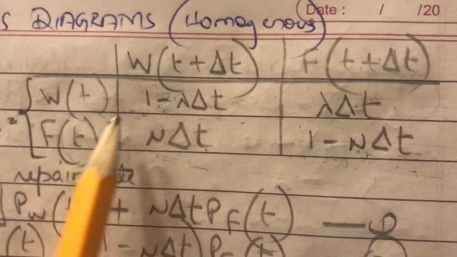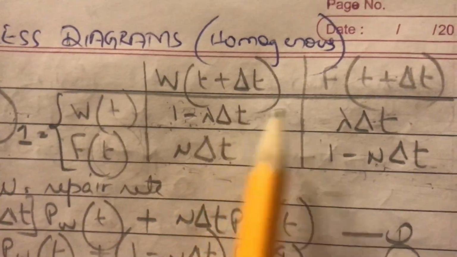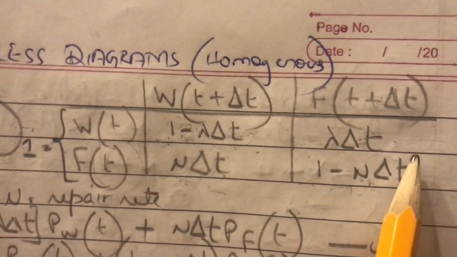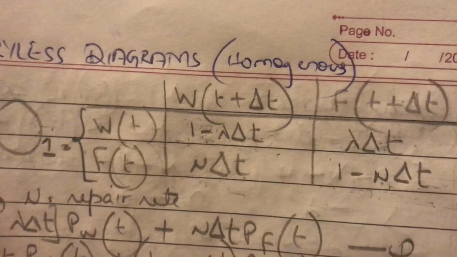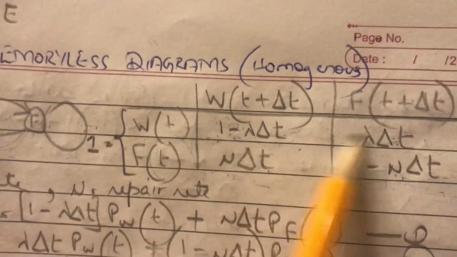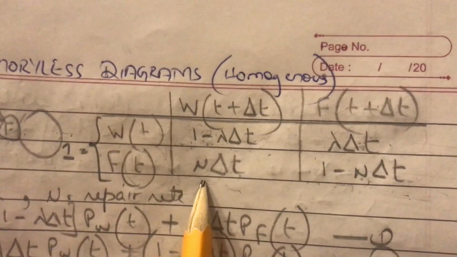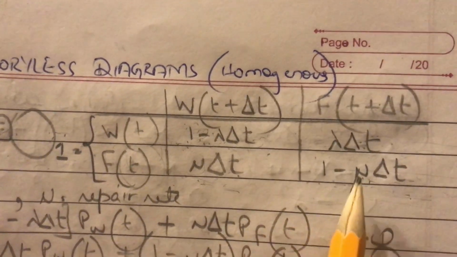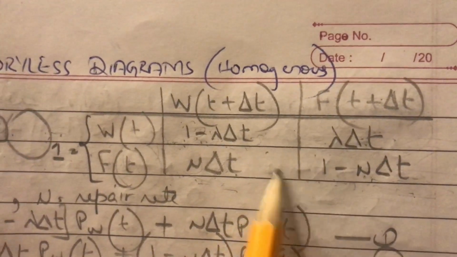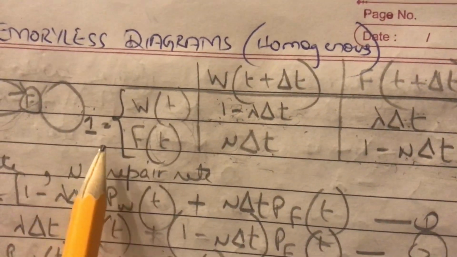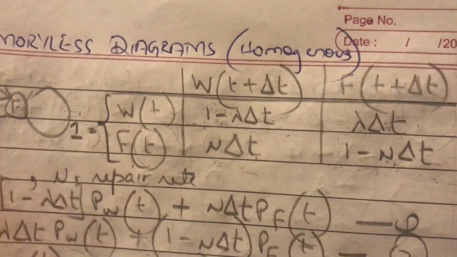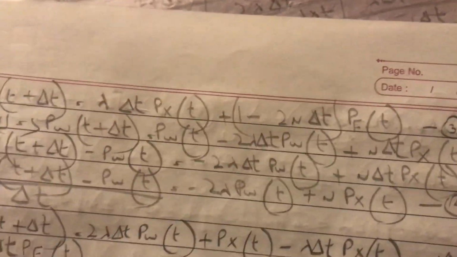So let's have a look. 1 minus lambda delta t plus lambda delta t. The lambda delta t terms go away, and what is left behind? 1. So it means that our values are correct. And same here, mu delta t plus 1 minus mu delta t, mu delta t goes away, and what remains? 1. So it means that the inside values of our table are correct, because we are getting the answer of 1.